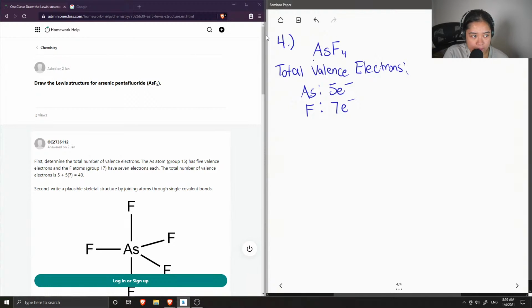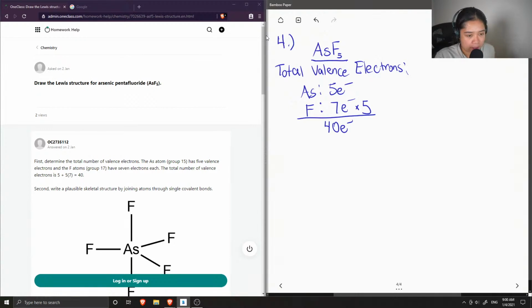Our molecule is arsenic pentafluoride, so I need to multiply this by 5. And then 35 plus 5 is 40 valence electrons in total.